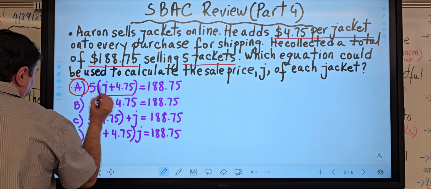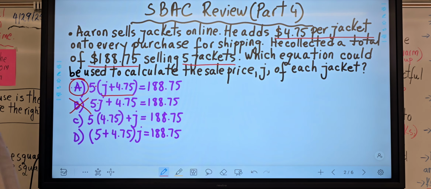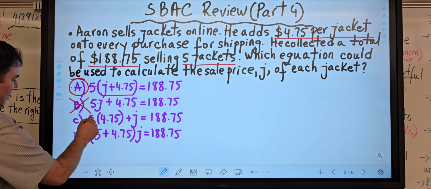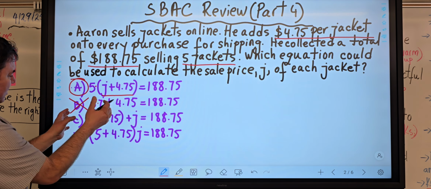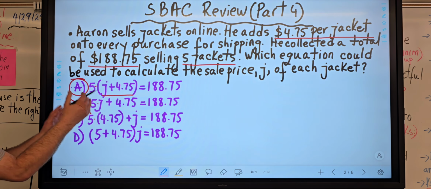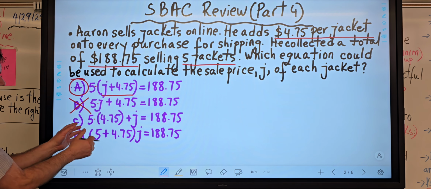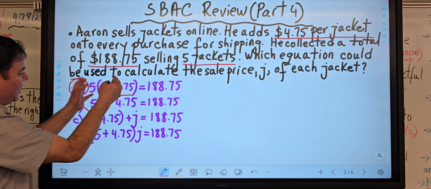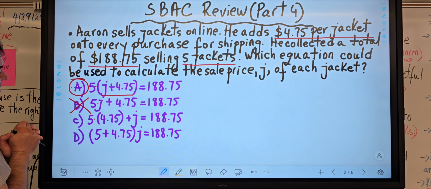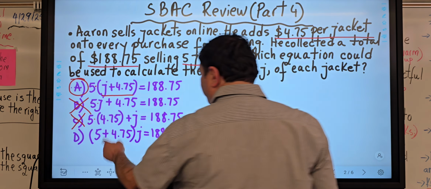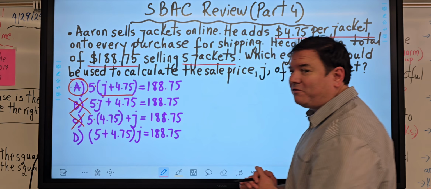None of the other options is telling us that information. Here is 5 times J. This doesn't make sense. Okay, here is 5 times 4.75, only 4.75 is in a parenthesis. Both of these are supposed to be in a parenthesis, J plus 4.75. So this cannot be the answer. And then the last one, we have 5 plus 4.75.